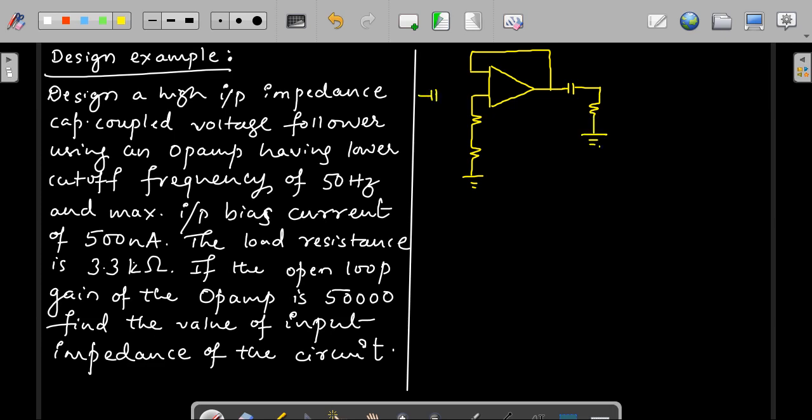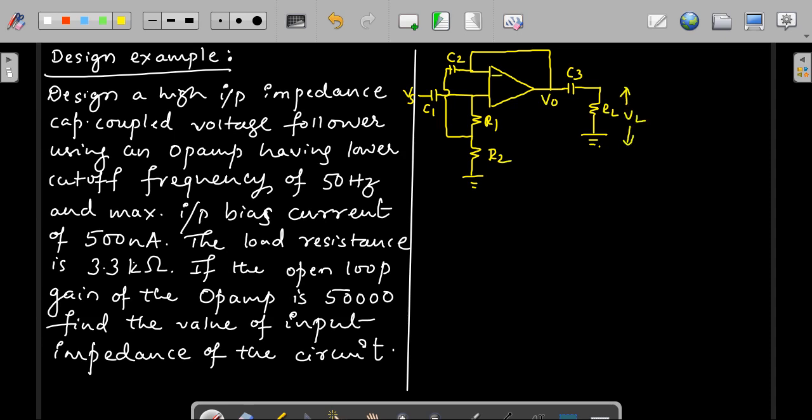This is the input capacitor and this happens to be the feedback capacitor which is going here. So this is my Vs, C1, C2, this is C3, R1, R2, and this is RL. This is V0. This is your VL.